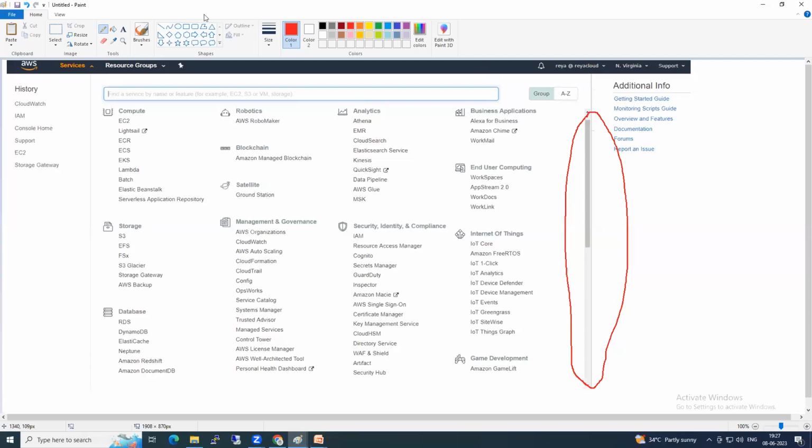We are not here to learn about IoT, satellites, blockchain, or robotics. We are here to learn the core services used across companies. Whenever you see these AWS services, do not panic that you need to learn all these things. No need.